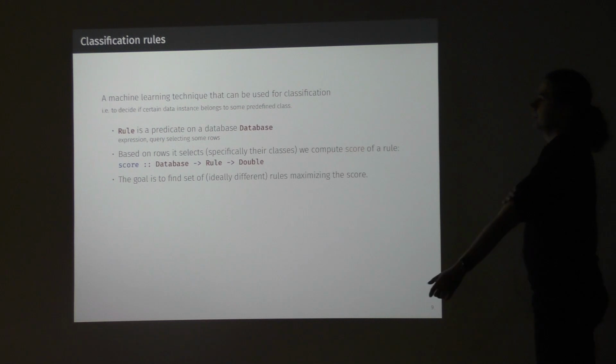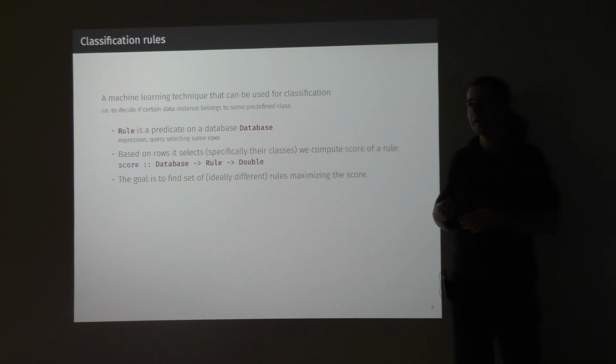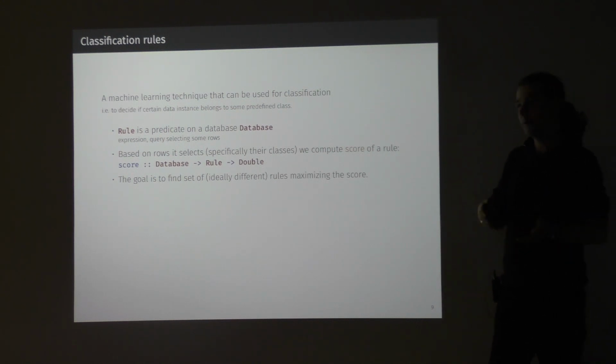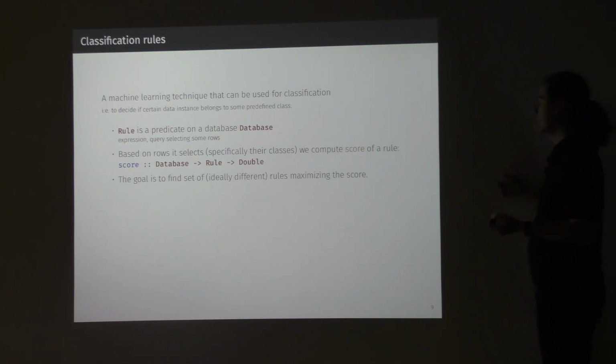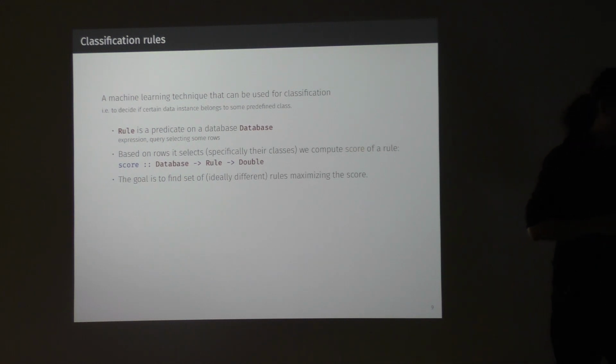Our goal is, given a database, to construct a set of rules, ideally different, whatever it means, with as high a score as possible, which depends on the actual score definition. I'm not talking about any specific score, because there are various scores that make sense.